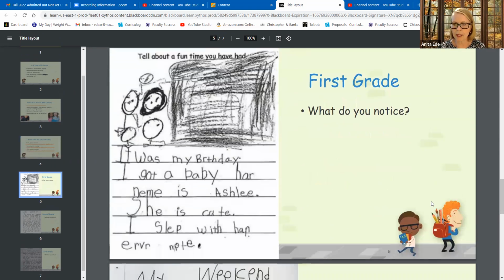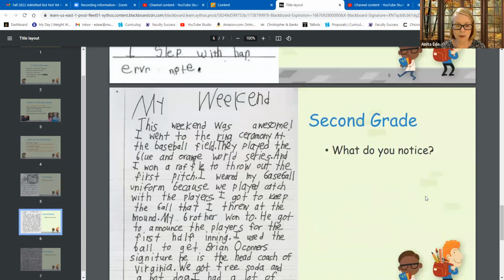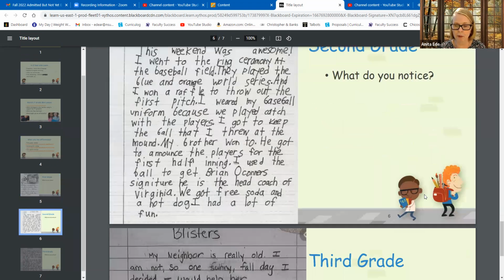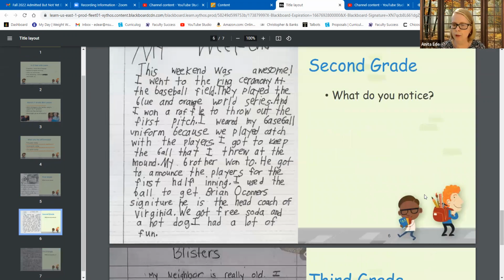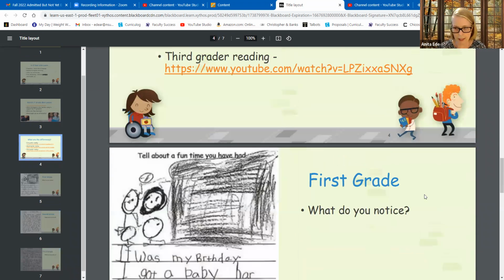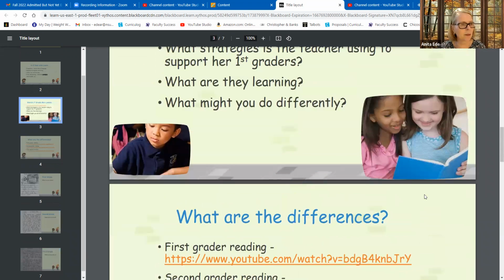And then again, you've got the writing progression. You've got a typical first grader and a typical second grader and a typical third grader. I just threw this in for those who are maybe not as seasoned in the classroom as others, because it can be interesting to see that children really do have a definite progression in their reading and writing practice.